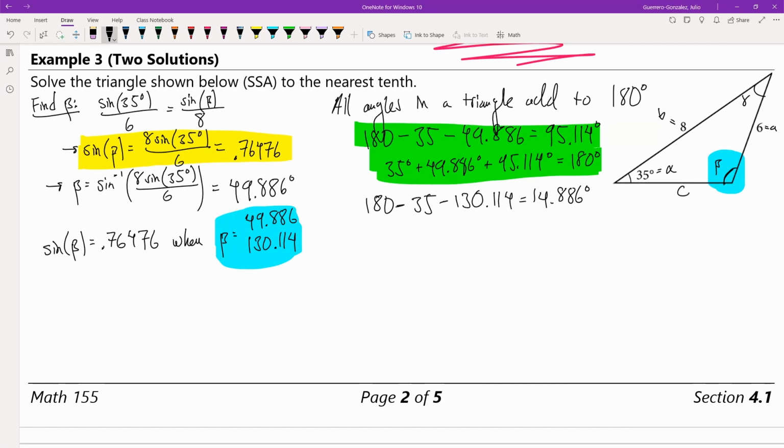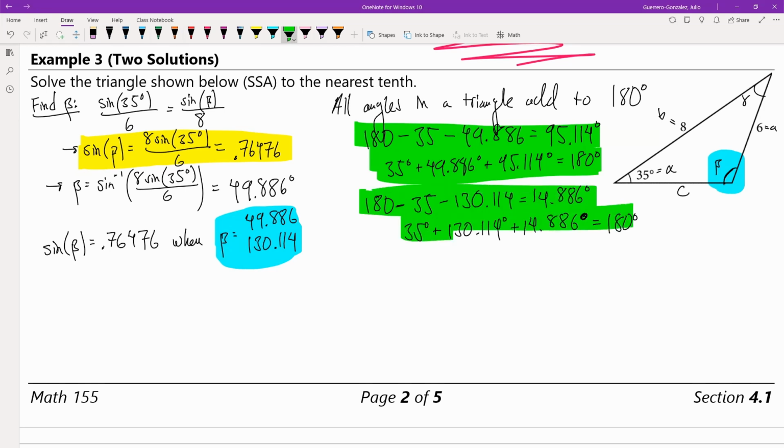So, watch this, 35 degrees plus 130.114 degrees plus 14.886 degrees is equal to 180 degrees. This is also a valid triangle.